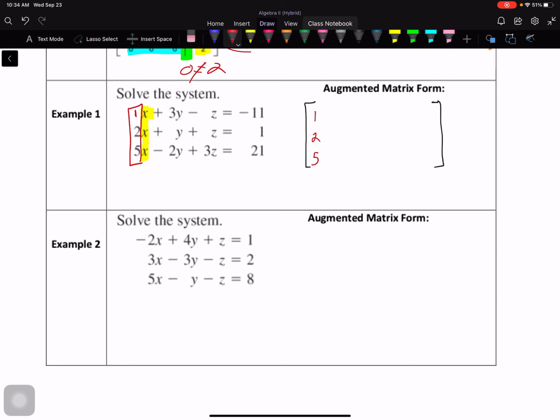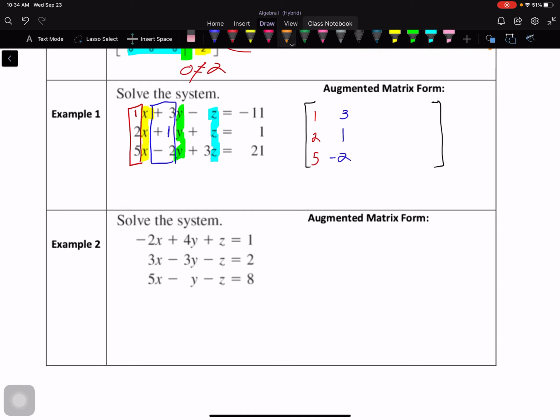Same thing with the y's. Here are all my y terms. And now we're going to take all the coefficients, but be aware of the signs in front. So we have positive 3, positive 1, and negative 2, because again, that's technically a 1 there.